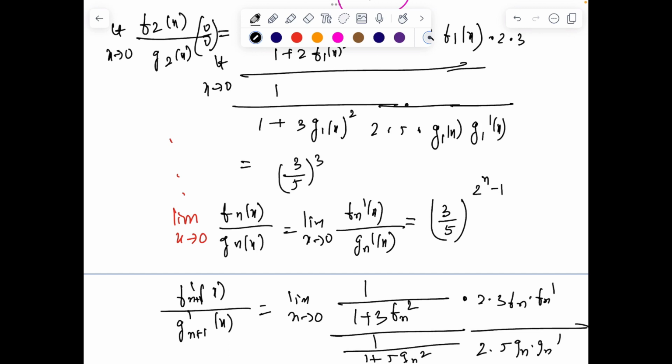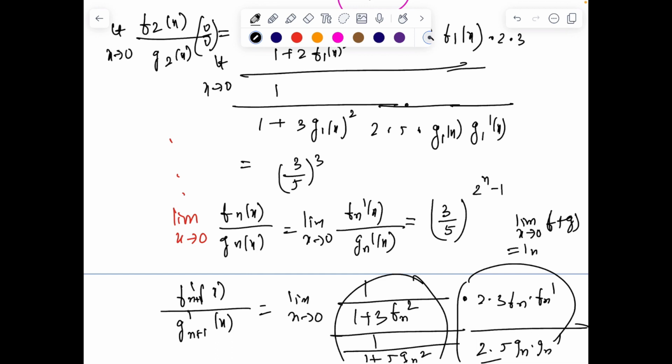Now you can simplify this, because this quantity we can separate, since the limit exists. Since the limit exists, limit x tends to 0 of f plus g can be written as limit x tends to 0 f plus limit x tends to 0 g.